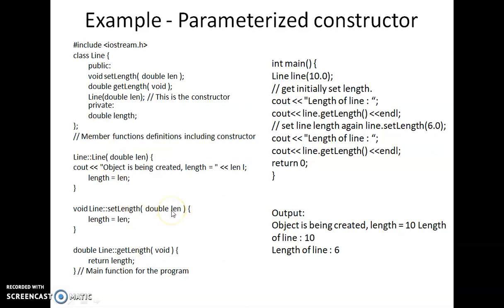If you want to set another value of the length, that is also possible. For that there is setLength, and getLength returns the value of the length from this class to where it is called in the main method.